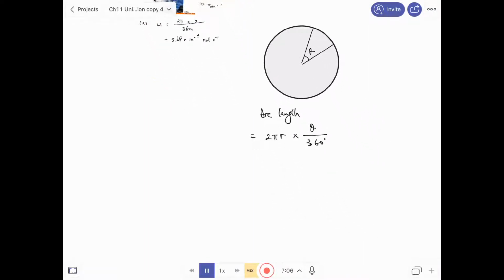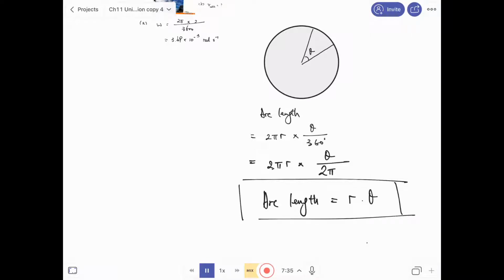In the radian system, if 360 is equal to 2 pi, that means you have arc length 2 pi r times theta over 2 pi. And now you can see that you can eliminate 2 pi. And once you eliminate 2 pi, you have a surprisingly simple formula for arc length: arc length is equal to r theta.